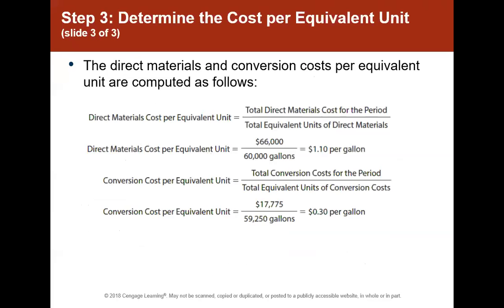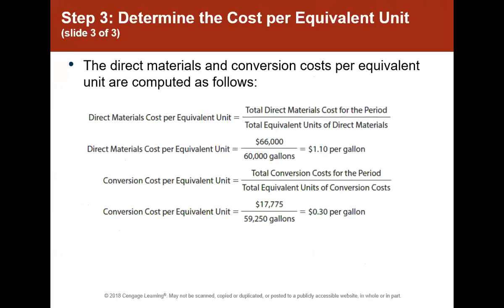For direct materials cost per equivalent unit, we take the $66,000 cost they gave us, divided by the 60,000 equivalent units. So we have a materials cost per EU of $1.10. For conversion costs, we take the $17,775 total conversion cost and divide it by the 59,250 EUs for conversion.